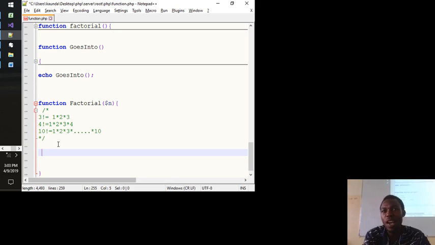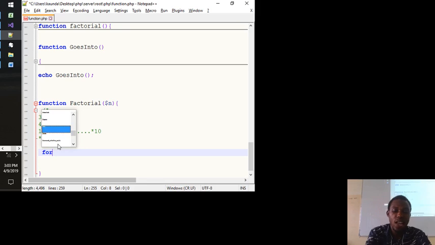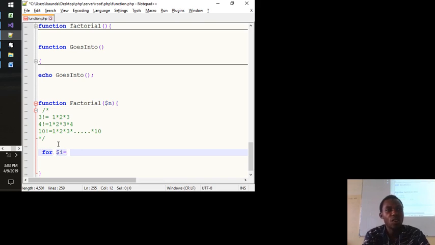If n is 20, we are ending at 20. So that gives a clue that we are going to use for. We are going to start not from 0, we are going to start from 1. Are we okay? And then we are going up to n, the number we are going to find a factorial of, and then we'll be increasing by 1.